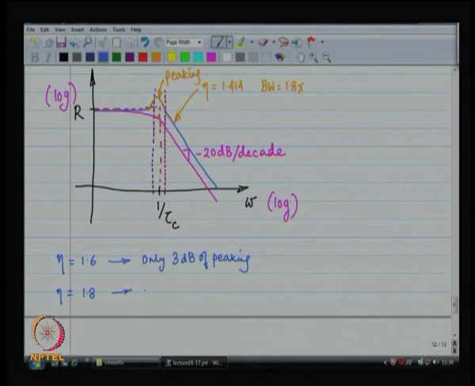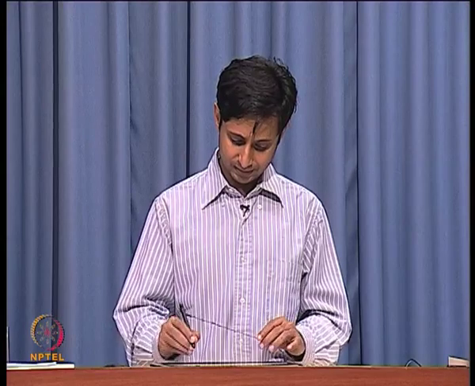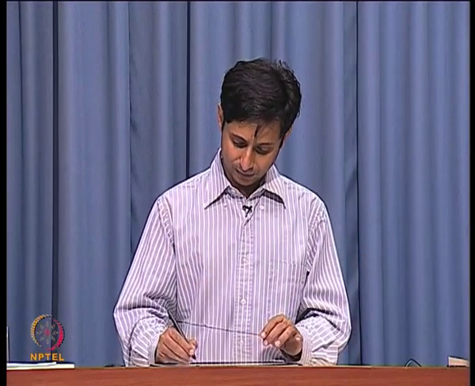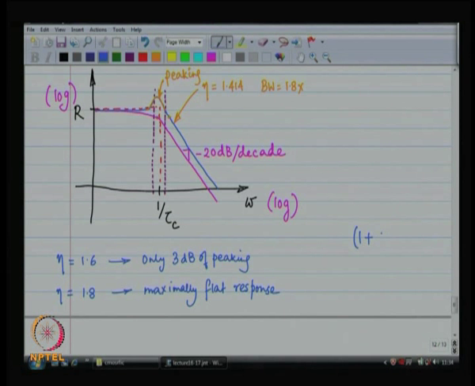All right. So, eta equal to 1.8 gives maximally flat. What is maximally flat? Maximally flat is like Butterworth. Butterworth response is maximally flat. So, when the denominator polynomial magnitude squared is of the form 1 plus omega by omega naught whole power 4 in case of second order.